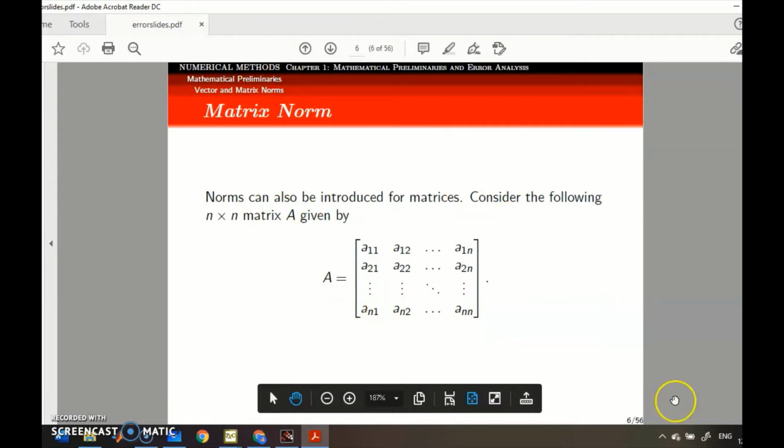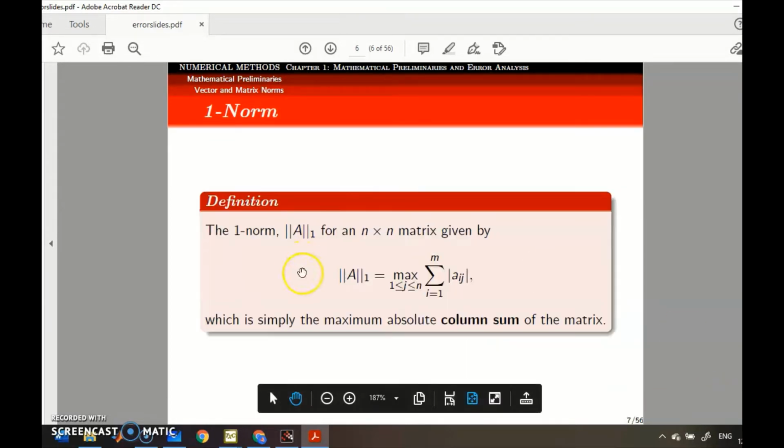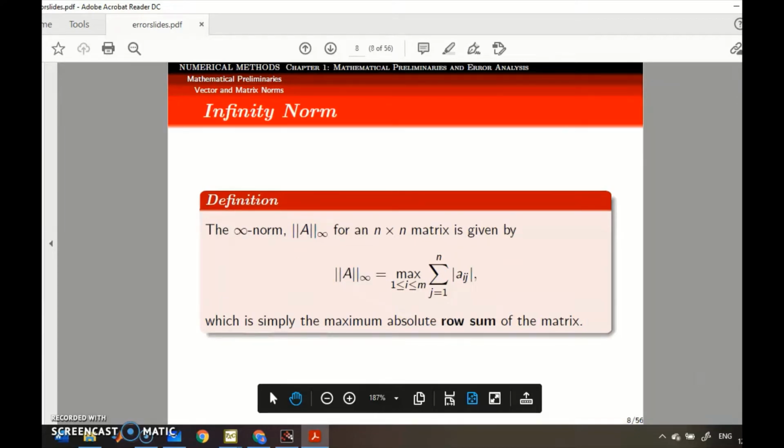For example, for this given matrix A, the one norm is given by this definition. It's the maximum absolute column sum. And the infinity norm is the maximum absolute row sum.